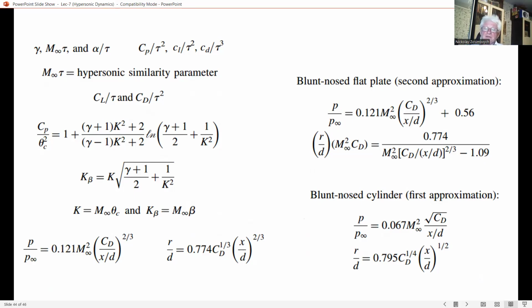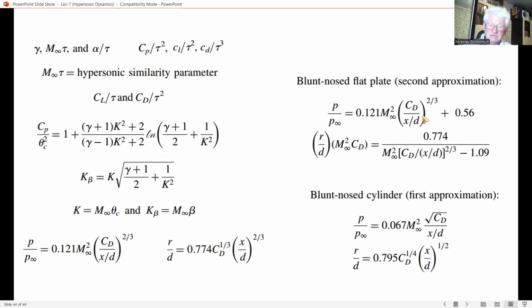For a blunt-nosed flat plate, in first approximation, we may represent it as this expression. It should be first approximation in a power series.